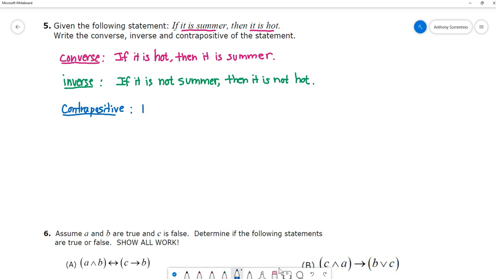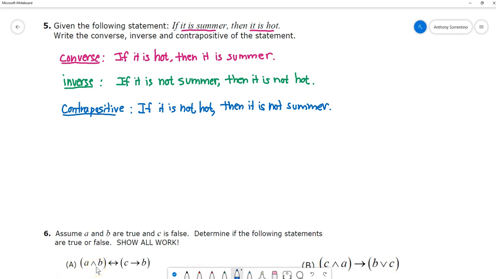So basically, this one is: if it is not hot, then it is not summer. And so those are examples of those three things.